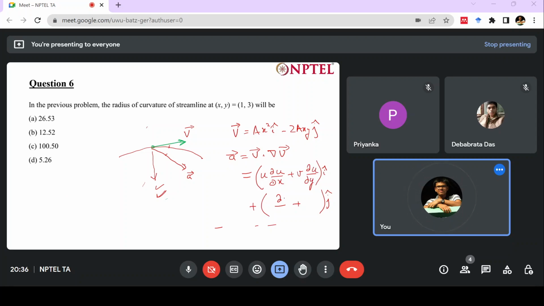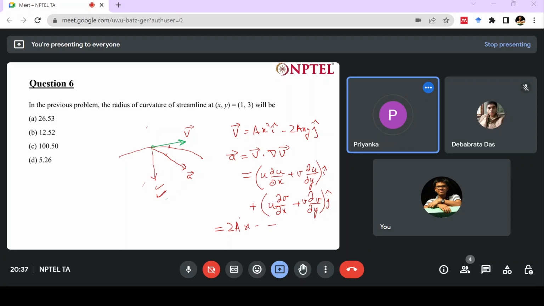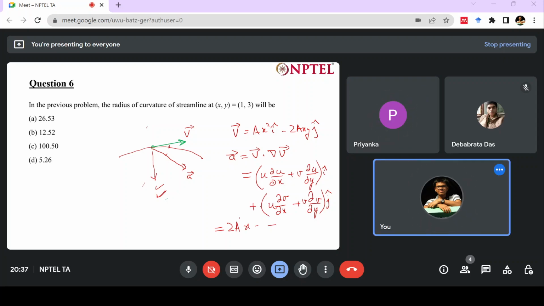This is del del x u and v, del del y v. Okay. So x component is 2a square x cube. Can you repeat what is the x component? I got 2a square x cube, sir. 2a square x cube, right?